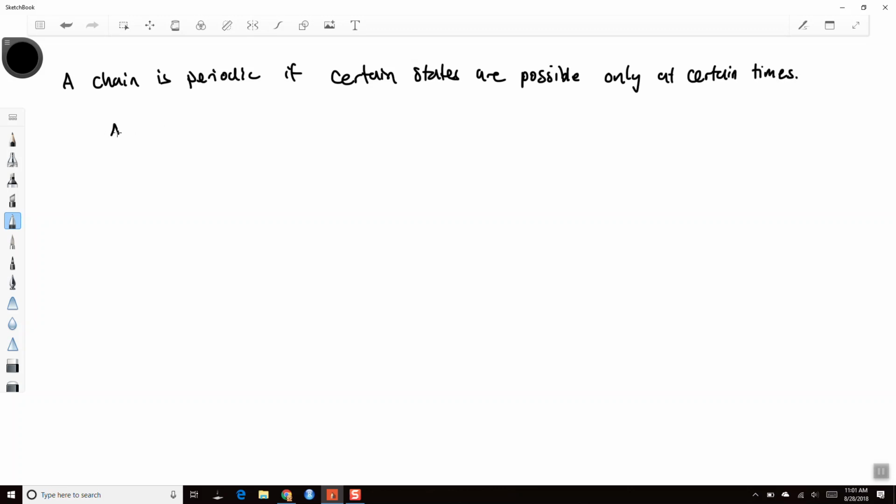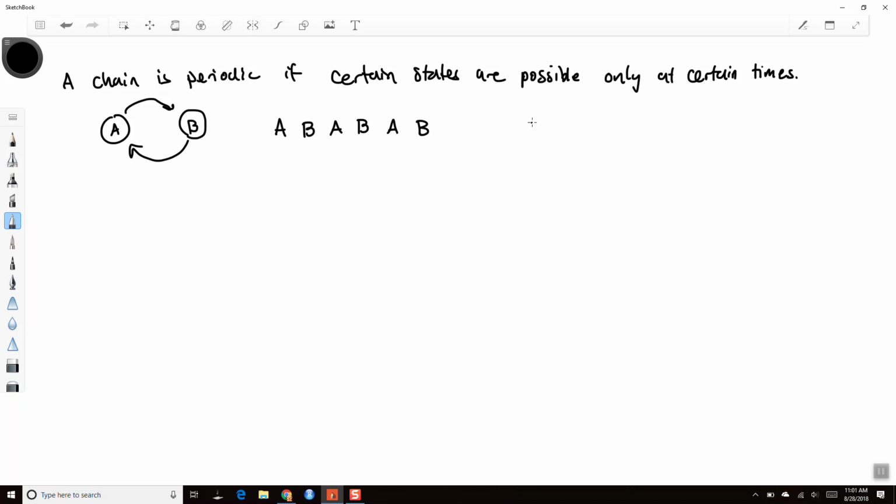So for example, if you have some silly chain like this, then your chain will go A, B, A, B, A, B, right? That's it.